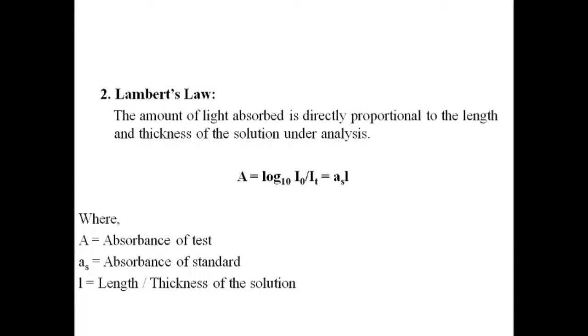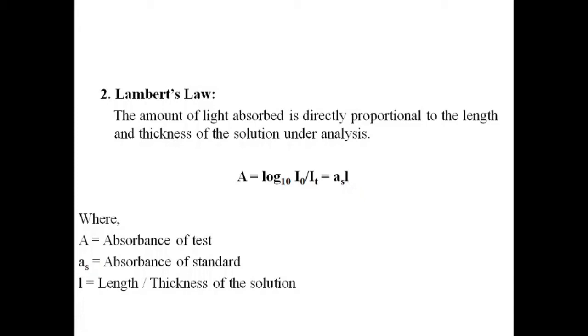This law states that the amount of light absorbed is directly proportional to the length and thickness of the solution under analysis. In the first law we say that absorbance is proportional to concentration, provided AS is constant. In Lambert's law, absorbance is proportional to AS into L, where L is the length of the cavity or length of the solution.